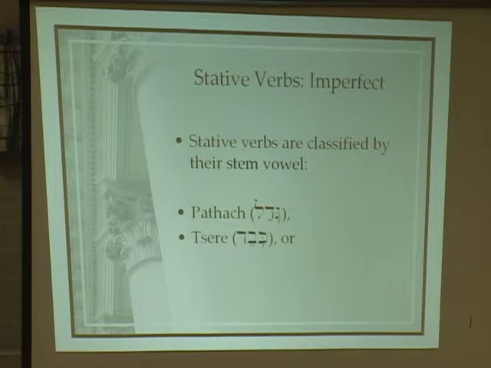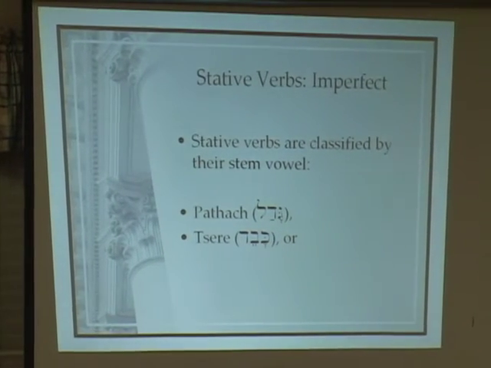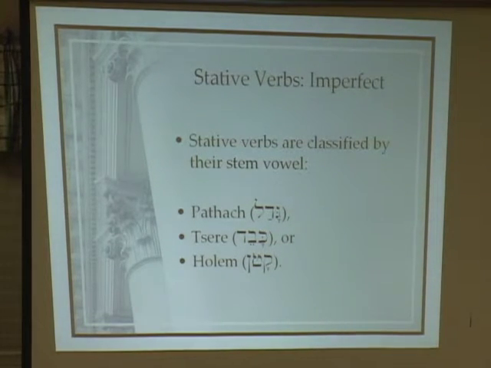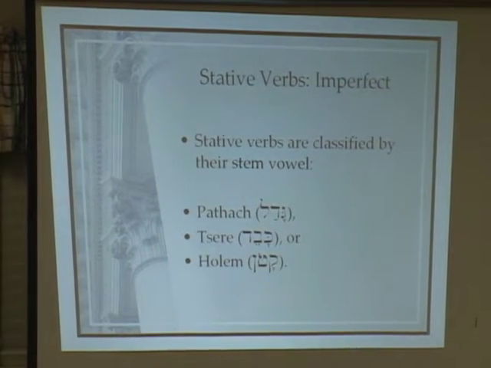They have some deviations in them. For example, gadal is the patach one, but there is also tsere, kaved, for example. It does not correspond to our normal qamets, patach sequence. And then katon is qamets, qamets instead of qamets, patach. So these are the verbs that would be called the stative verbs.